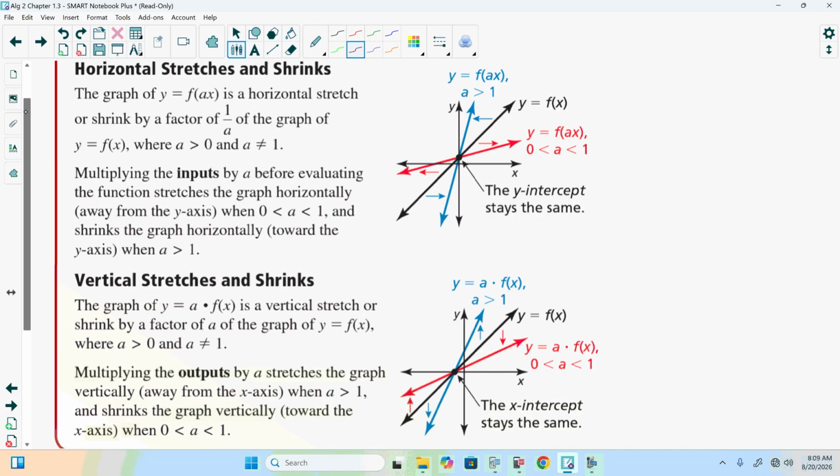A is the amount that we stretch or shrink the function by. So if it's a vertical stretch of 3, we're going to use a times f of x. If it's a vertical shrink of 1/3, the general form is still a times f of x. Doesn't matter which we're doing. It is still that same general form.